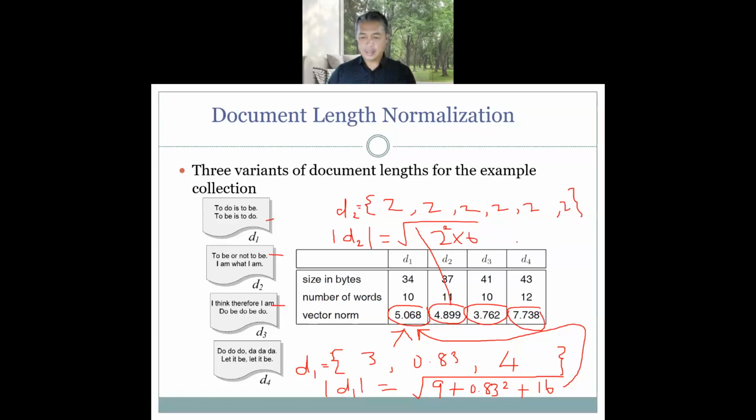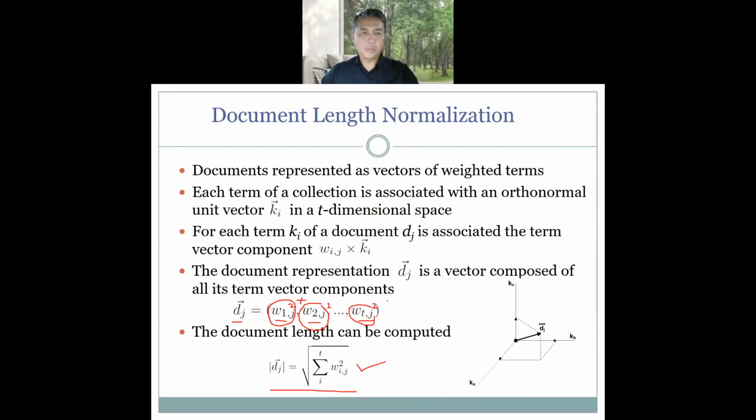So 4 times 6, you get 24. So square root of 24, you get 4.89. Okay, that's how you use this formula to compute the document length.